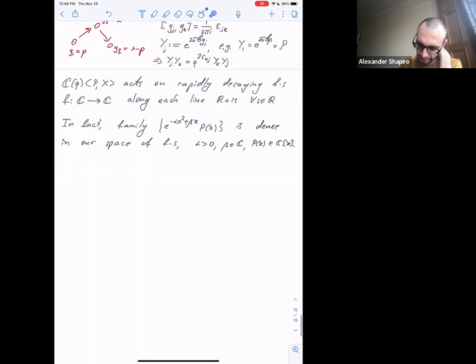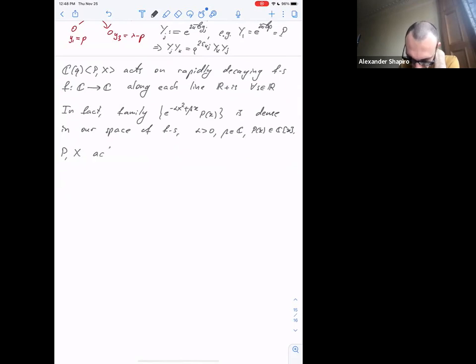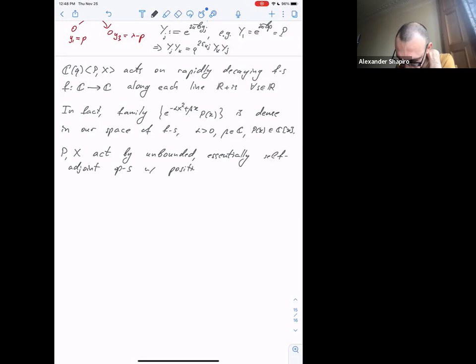All right, now I just would like to warn that both p and x are at the same time nice and not so nice operators, because they act by unbounded, essentially self-adjoint operators with a positive, actually continuous and positive, spectrum.